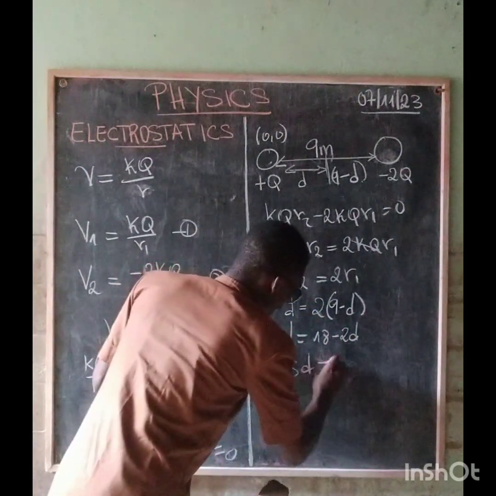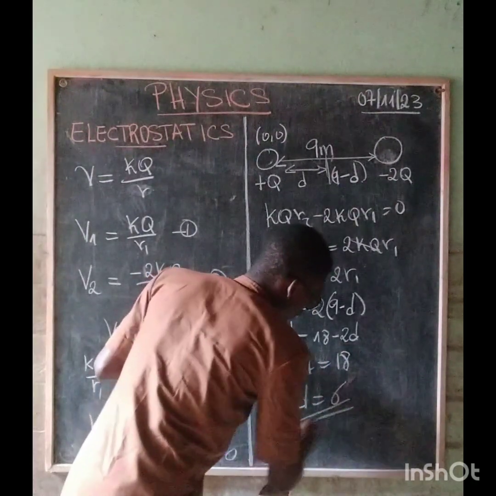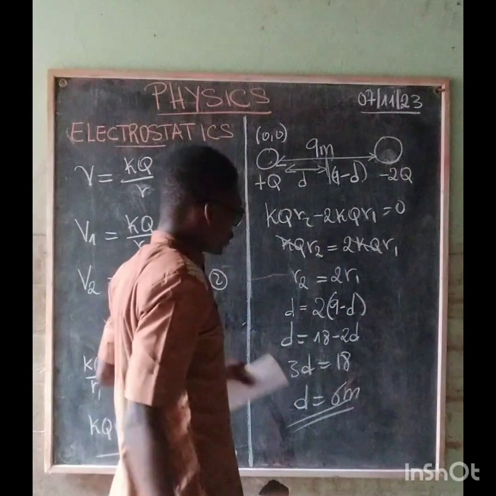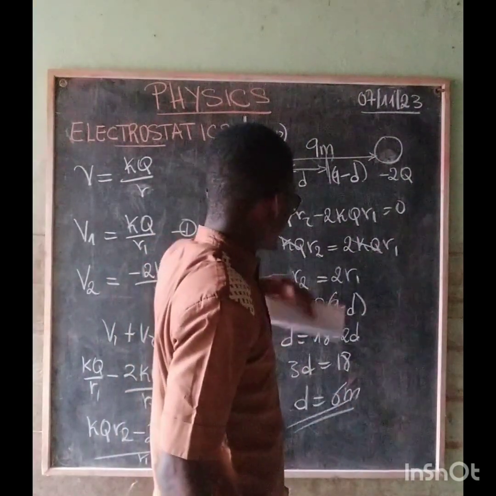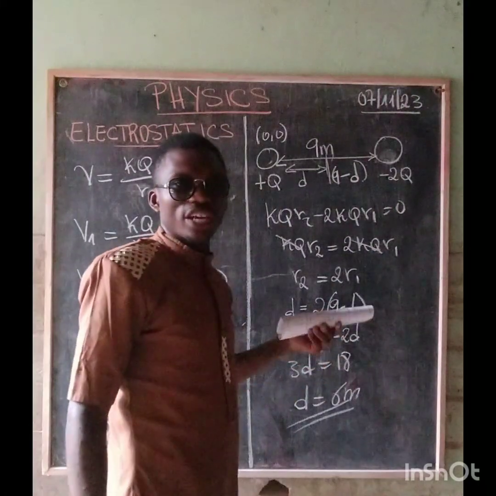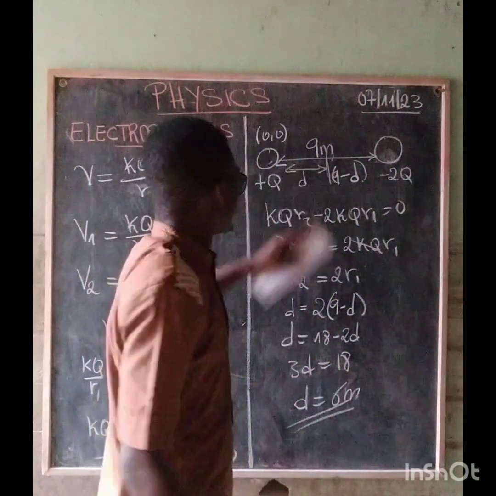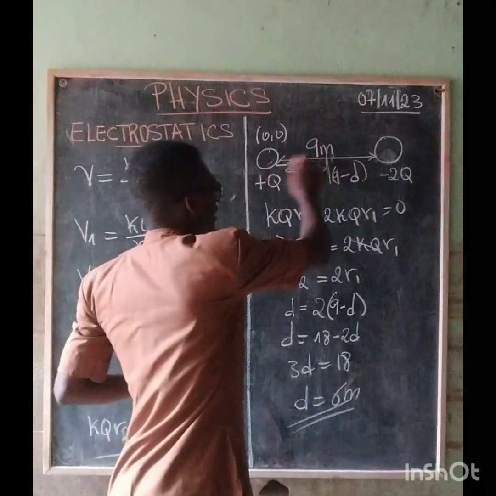We have 3D as 18, and D will be 6 meters. So the position in between the two charges where the electric potential will be 0 will be 6 meters from the origin. D here will be 6 meters.